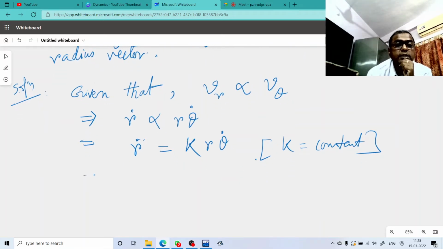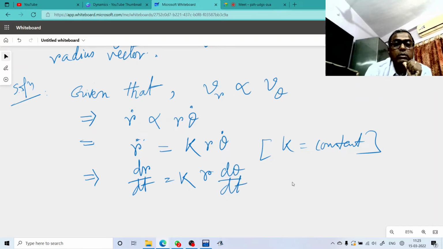So this implies dr/dt equals k into r d theta/dt.